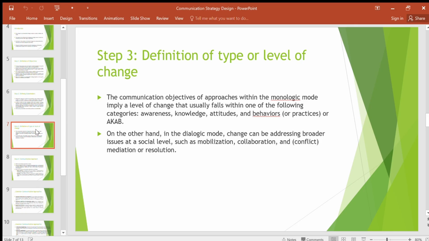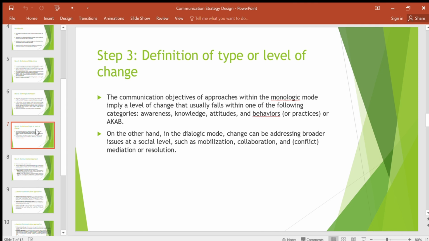And for dialogic, this change can be addressing broader issues at a social level, such as mobilization, collaboration, and conflict mediation resolution. For monologic, you have to know that it is ACAB, awareness, knowledge, attitudes, and behaviors. And for dialogic, it is broader.